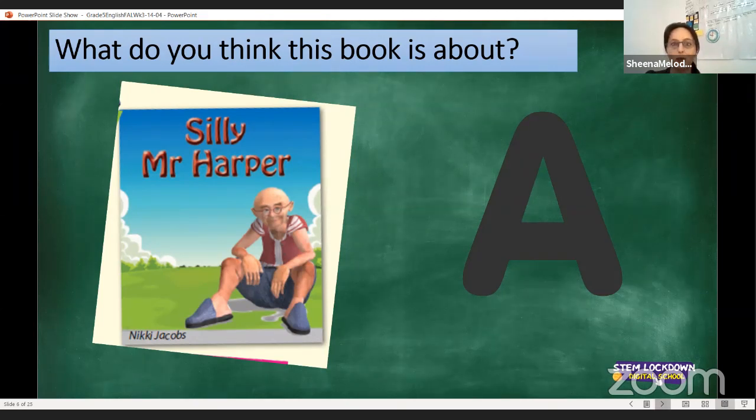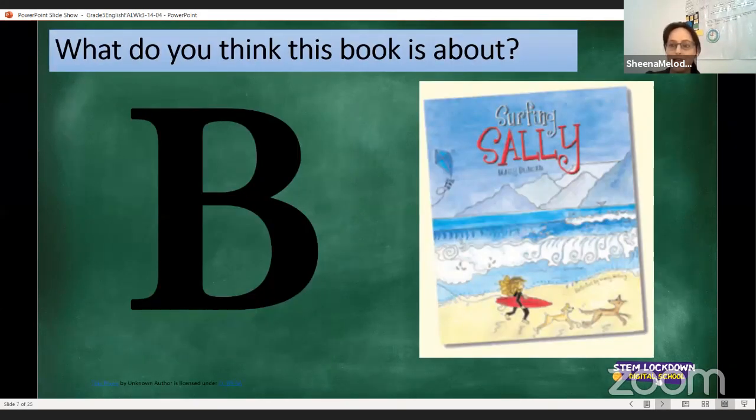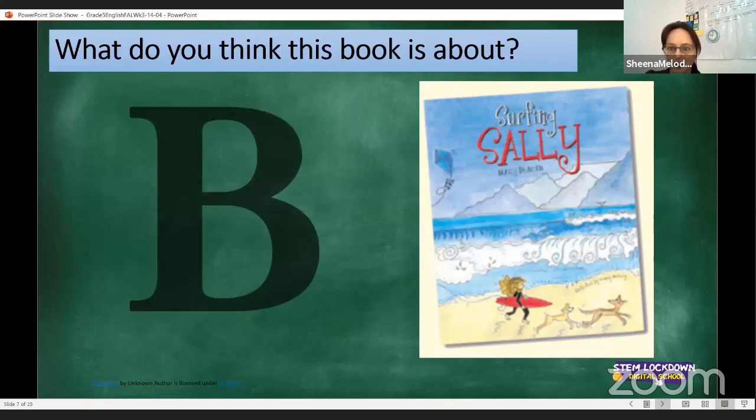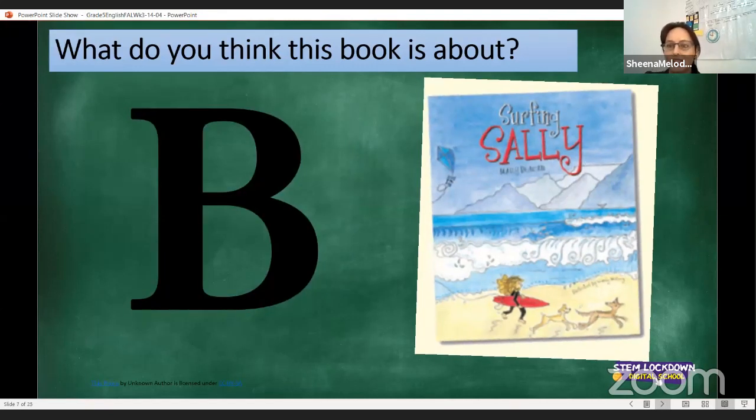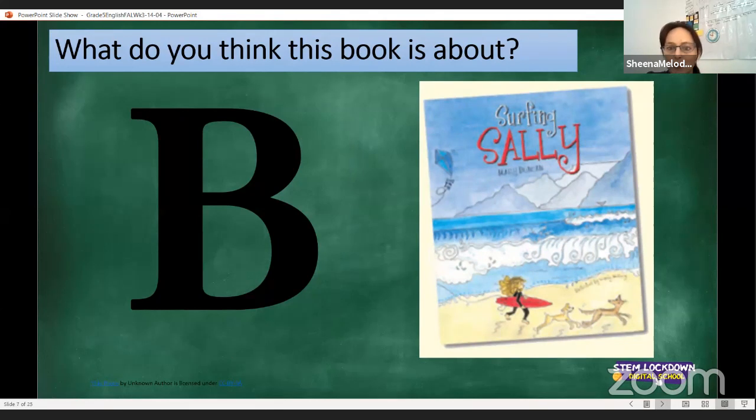Okay, so we have B. What do you think this book is about? So it says Surfing Sally by Mary Duncan. Okay, so just looking at the picture, I know you haven't read the book. What do you think this one is going to be about? A clever girl, very good.